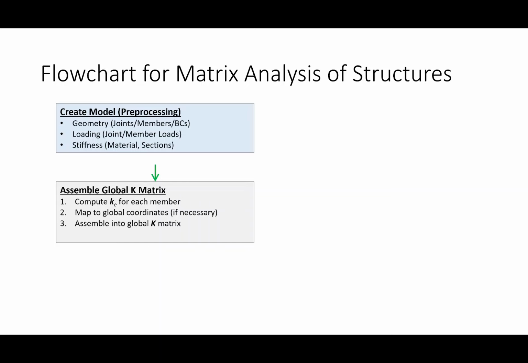The specific way that works is we write a little spring matrix for each member, for each element in the system, and then we have this process called assembly where we turn that into a K matrix for the whole system, okay?